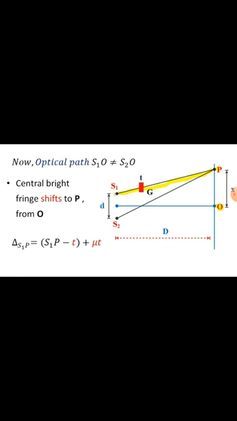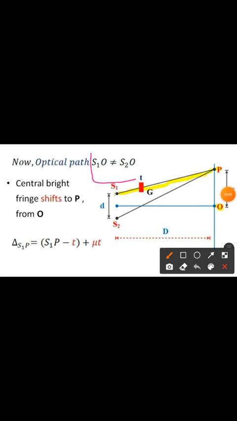Now the optical path S1O is not equal to S2O. So the central bright fringe shifts to P from O.